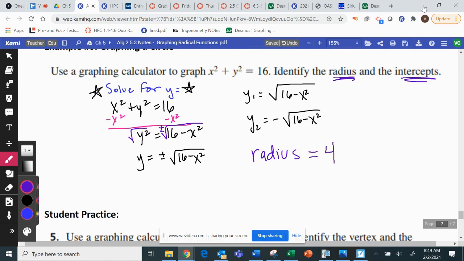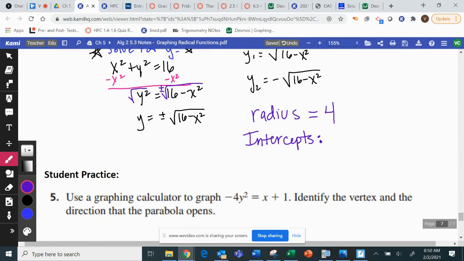And then the intercepts. So they're talking about the X-intercepts and the Y-intercepts. How about we list our X-intercepts first? And then we'll do our Y-intercepts second.